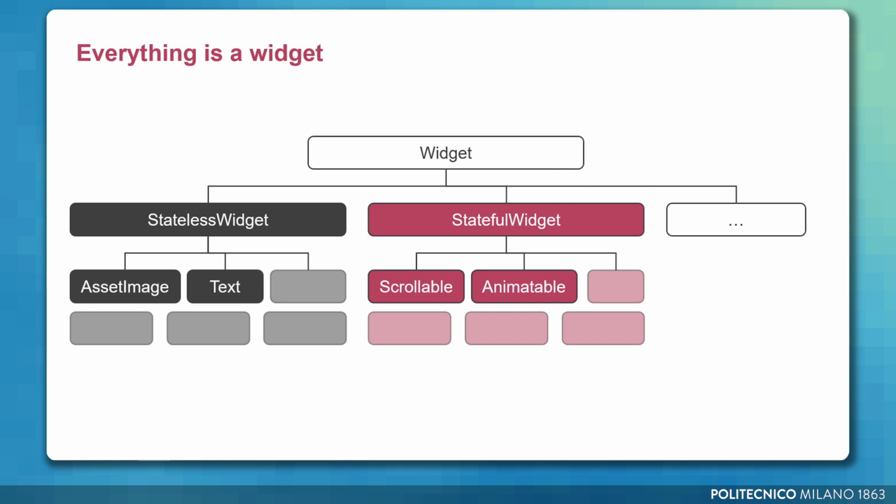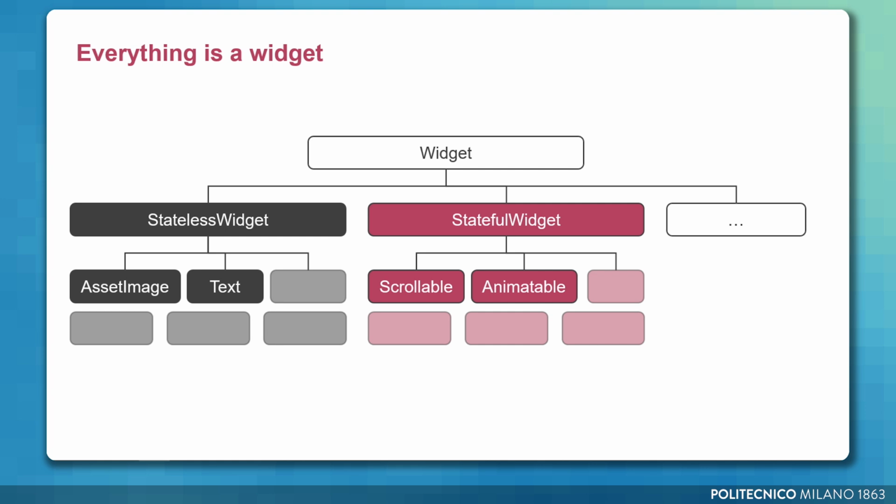From there, widgets split into two primary categories, stateless and stateful, represented by the base classes StatelessWidget and StatefulWidget, respectively. Beneath these are numerous specific implementations. The leaves of the hierarchy consist of many predefined stateless and stateful widgets provided by the Flutter library.